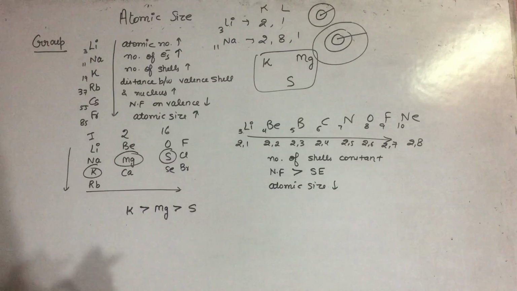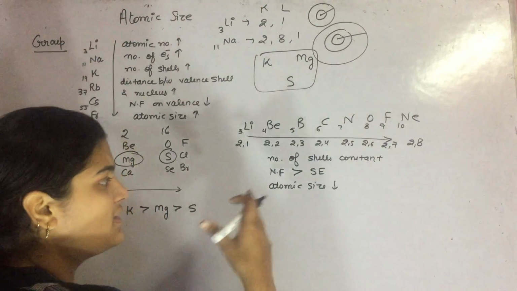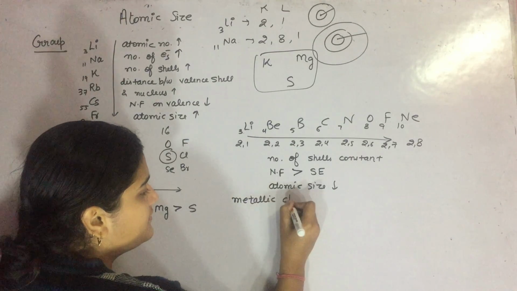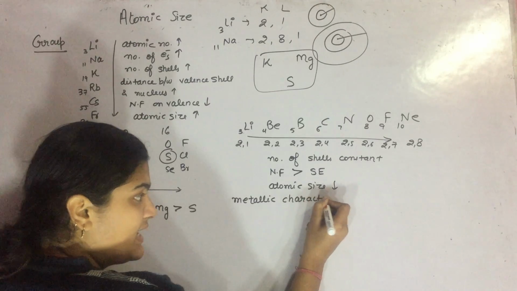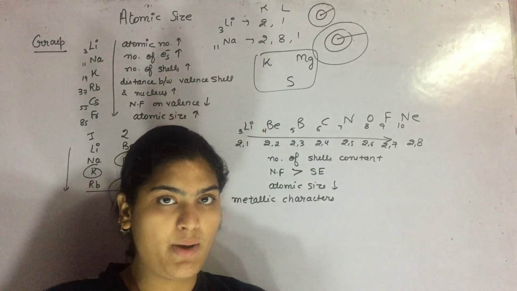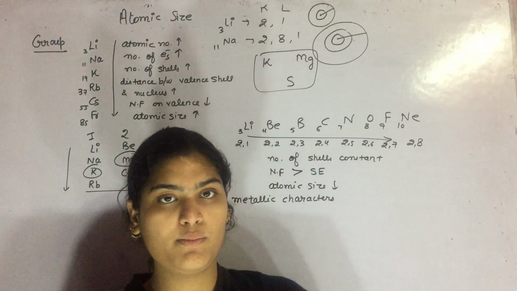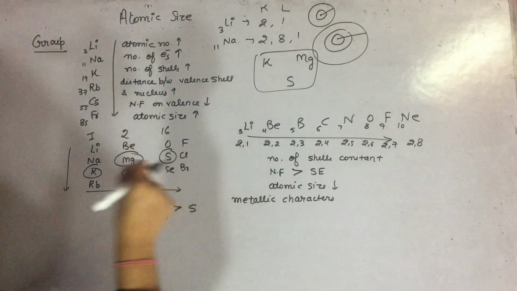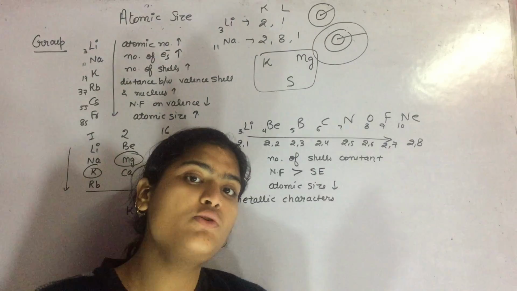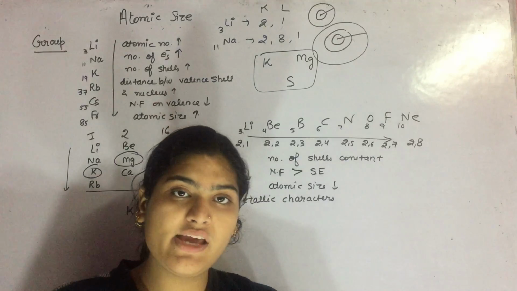Okay. So in this way, there are more periodic trends other than atomic size. Let us talk about metallic character. Metallic character is the character by which any element forms its compounds by the donation of electrons. That means it behaves like a metal. Any element can donate its electrons only if its nuclear force on valence electrons is weak.